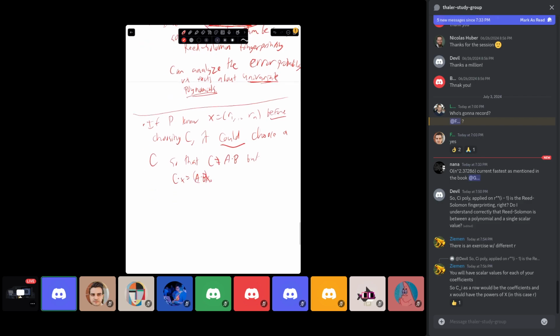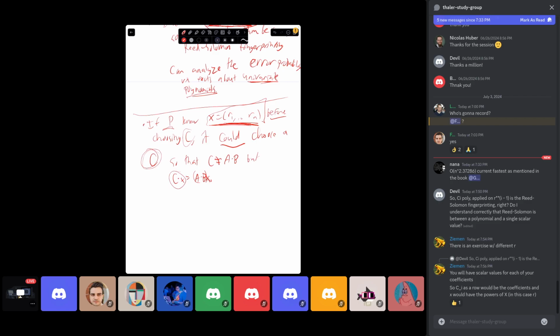So it's really important that the prover, when determining the claimed answer C, does not know what this random vector X will be. If the prover did know what X would be when it chooses C, it could just trick the verifier, choose a C that agrees with A times B at X, but nowhere else.